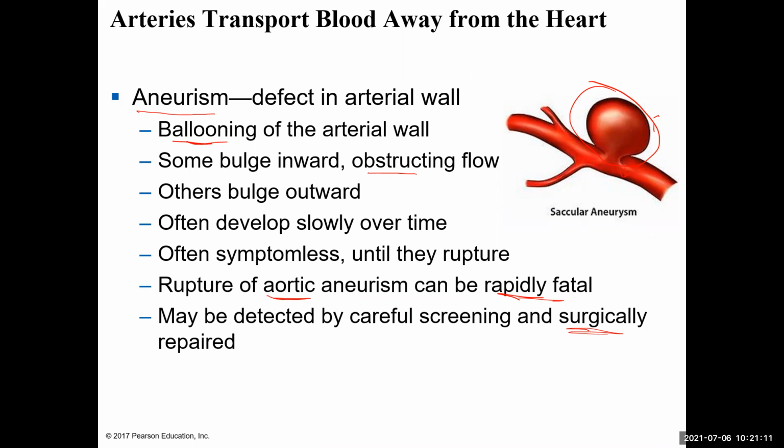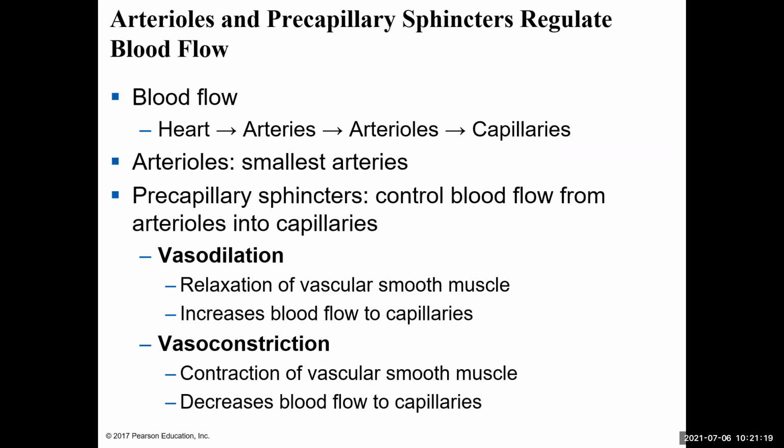Now, we've already mentioned that the blood flow for the circulatory system is from the heart to the arteries, to the arterioles, and into the capillaries. The arterioles, like we showed in that figure, are the smallest arteries, and they're right before the capillary beds.